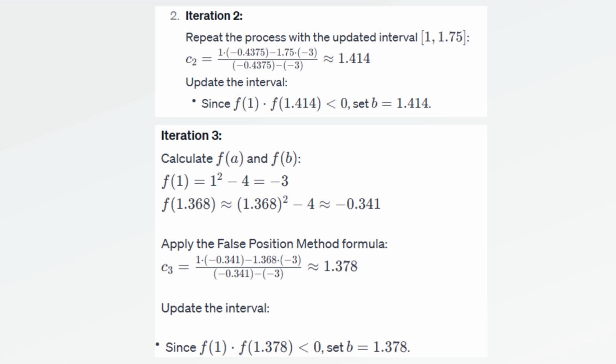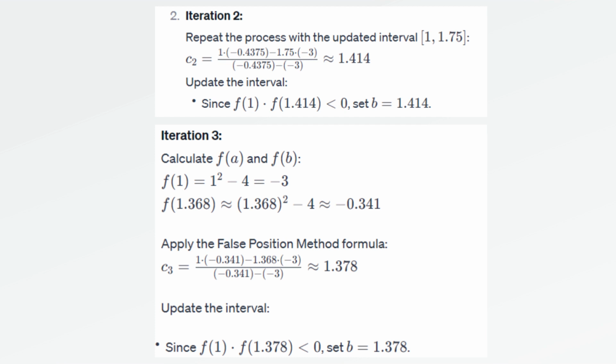In the third iteration, within the updated interval, we calculate c3 using the same formula. c3 = (1·f(c2) − 1.414·f(1)) / (f(c2) − f(1)), and the answer we'll get is 1.378.